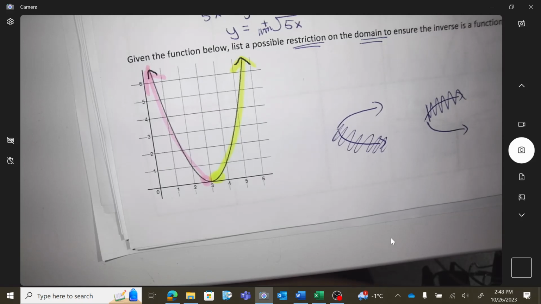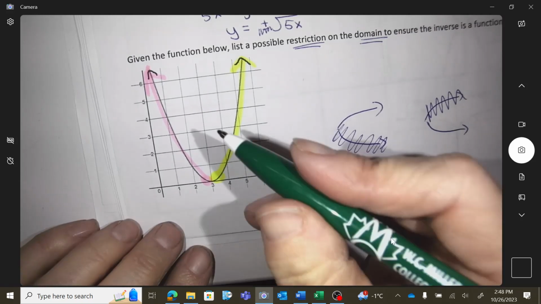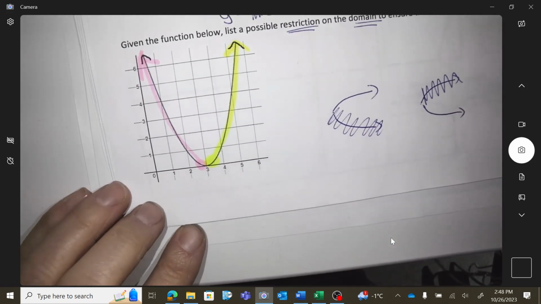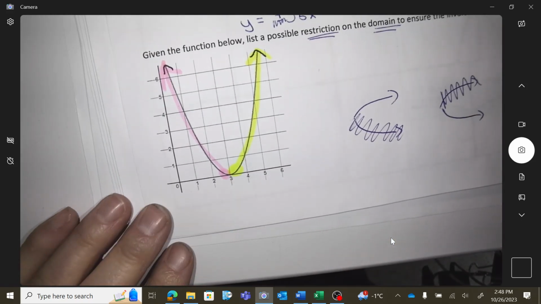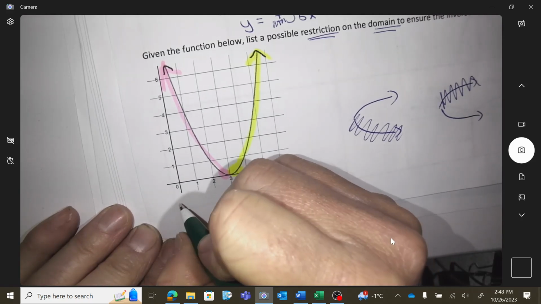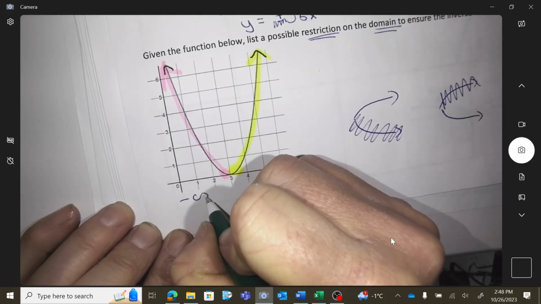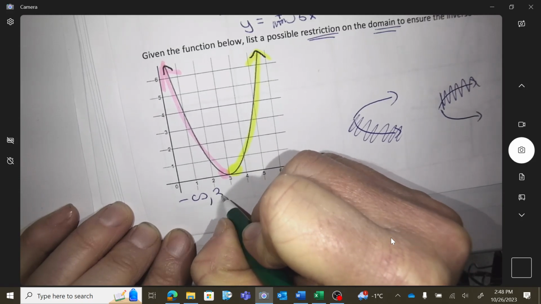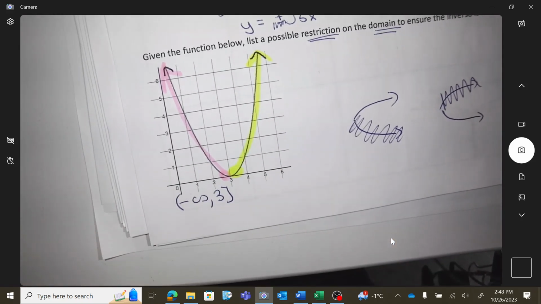So how do you write the domain if you want to make sure you're only taking one half of it? If you picked the pink half to inverse, what's the domain on that part? Negative infinity to 3. Yeah.